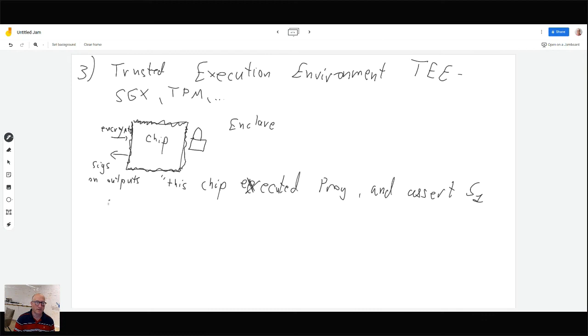S1 is the new state. So this is the trusted execution environment. And let's see now what happens.